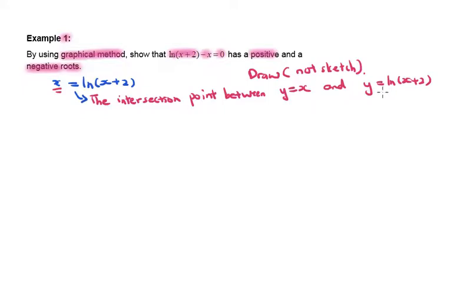Let's start with y equals ln(x plus 2). Let's revise how to sketch a ln graph. First, set the domain. x plus 2 must always be a positive number, so x is greater than negative 2. That means for this graph, we have a vertical asymptote.